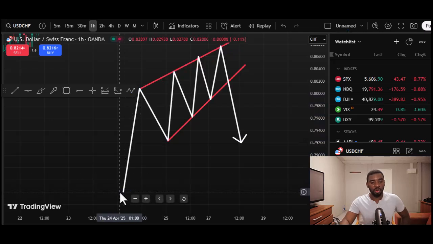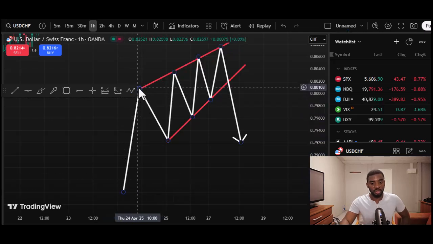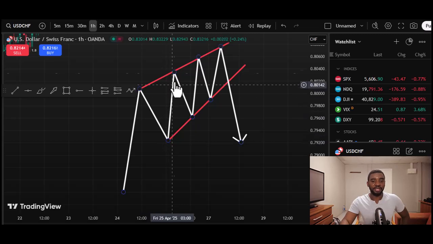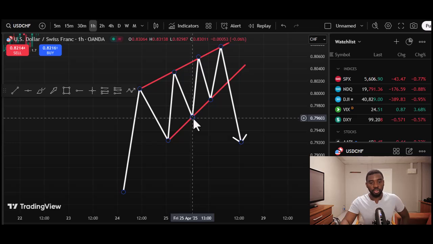After a strong bullish move to this point, it finds a resistance and price is immediately rejected. It bounces down, finds support, and it gets rejected again. It rallies up to form a higher high, pushes down again.